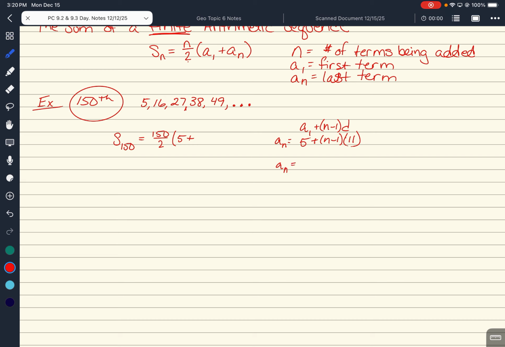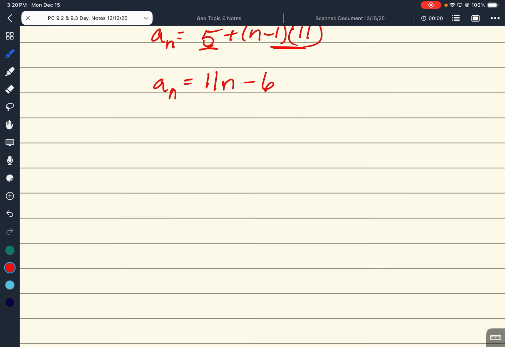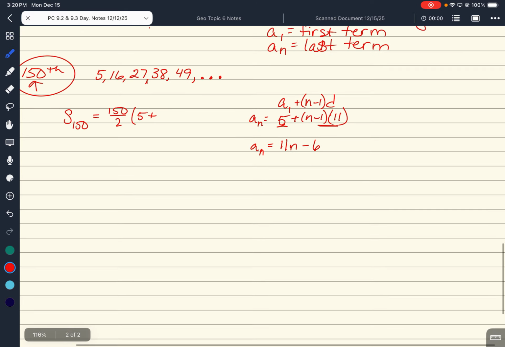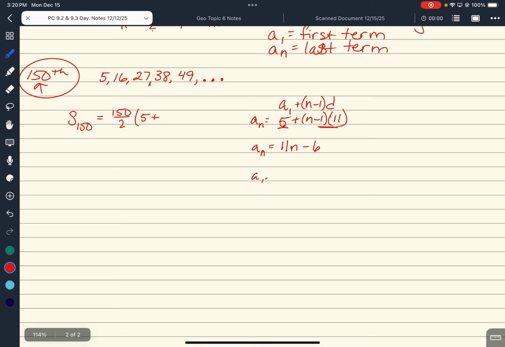So a sub n equals 11n, and that would be 5 minus 11, so negative 6. I just wrote my formula, my definition, my rule, whatever you call it. Now I need to plug in 150, so I have a sub 150.